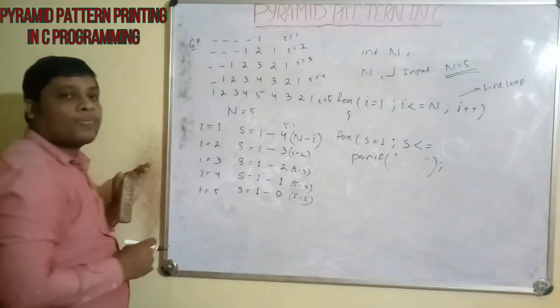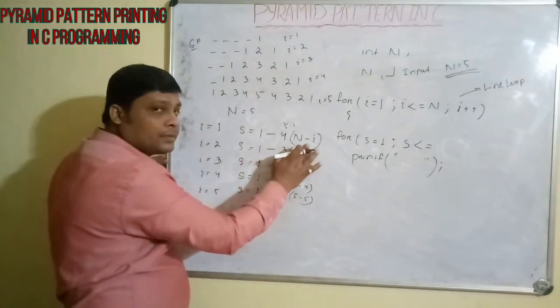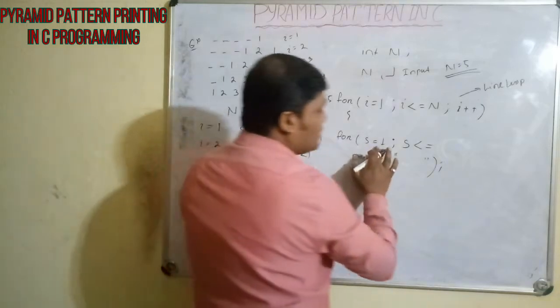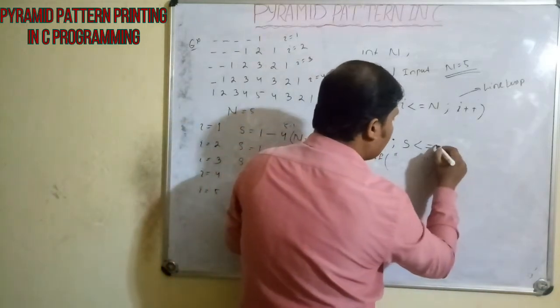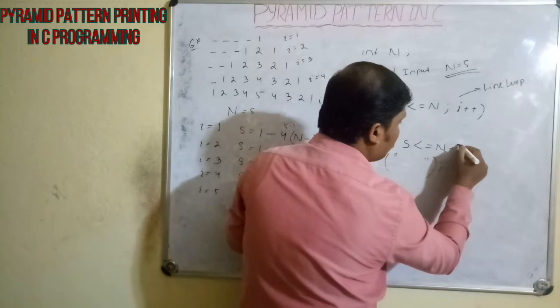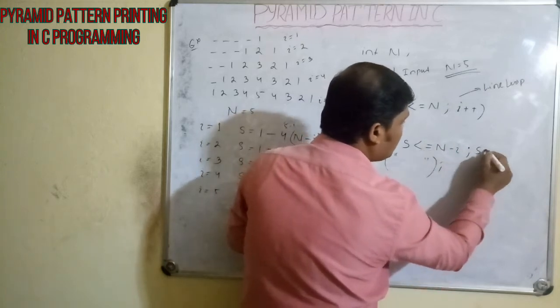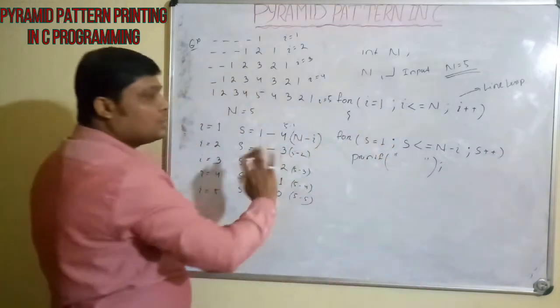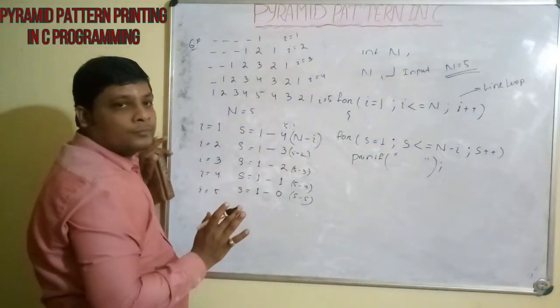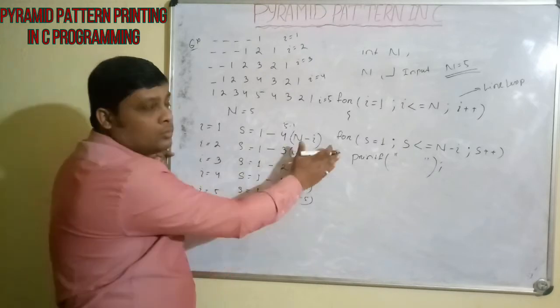You can see, n minus i. I can write this as s equal to 1, s less than or equal to n minus i, then s plus plus. This is all about the space. Clear? Any doubt? No.